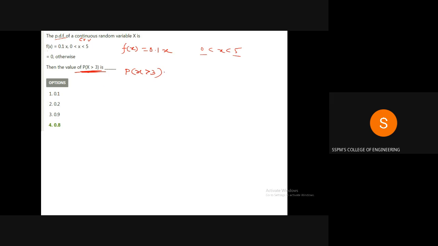So how can we calculate the probability of x greater than 3? See, generally the limits are minus infinity to infinity.